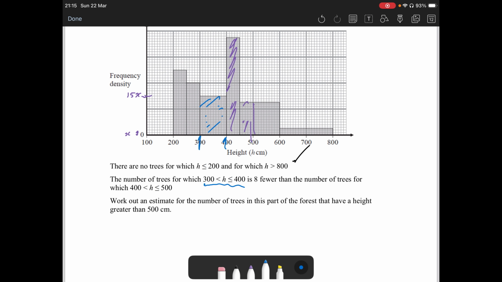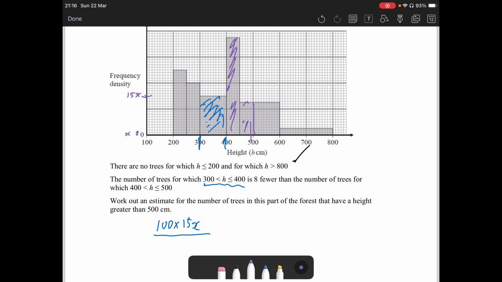So between 300 and 400, you do 100 lots of, well, the height of the rectangle will be 15x. That's the area of this one, and that is 8 fewer than the area between 400 and 500.